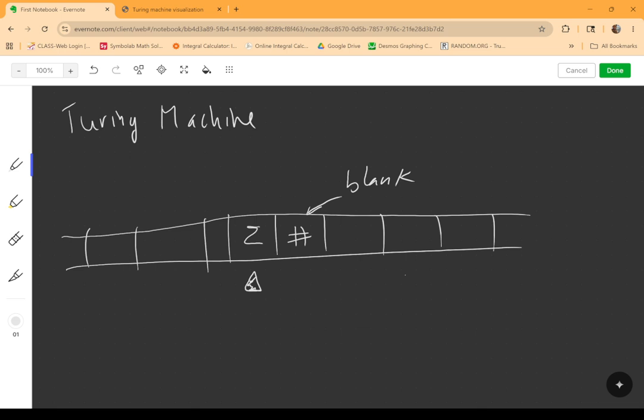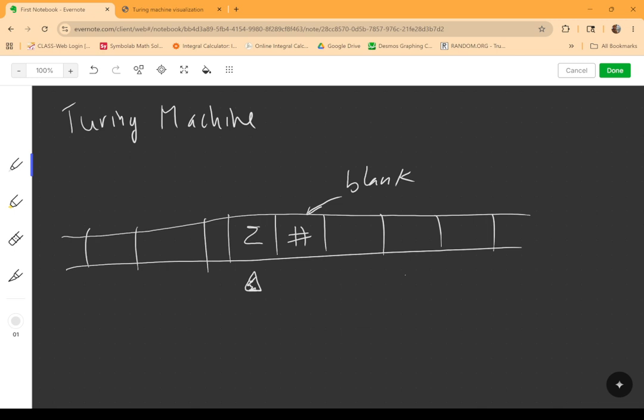So at each step, it can read the current symbol, write a new symbol, maybe the same one, move one cell left or right, and change state. The tape is infinite, but only finitely many cells are non-blank at any time, right?